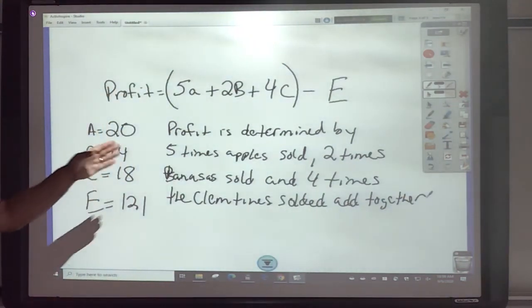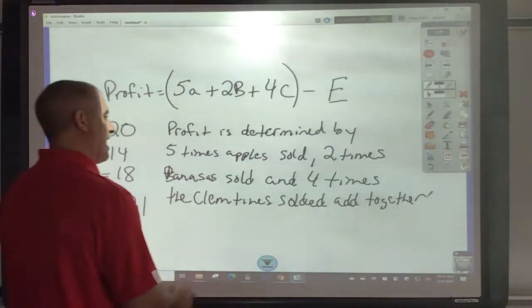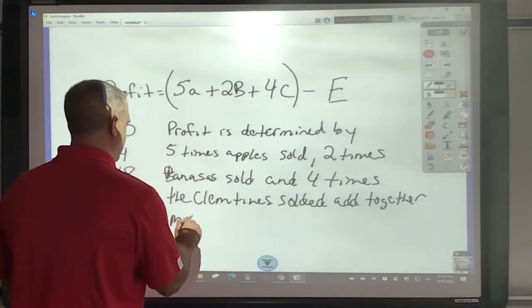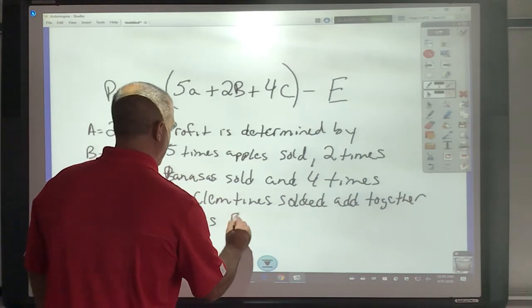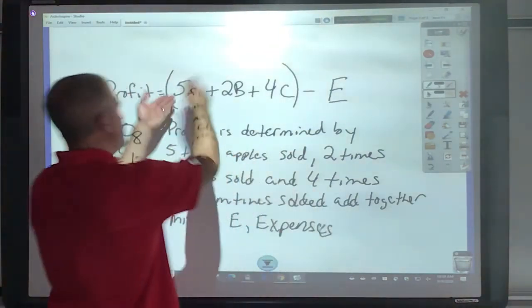So the profit is determined by 5 times the apples sold, 2 times the bananas sold, and 4 times the clementines sold added together, minus the E for expenses. You won't have to memorize this formula, they will give you this.